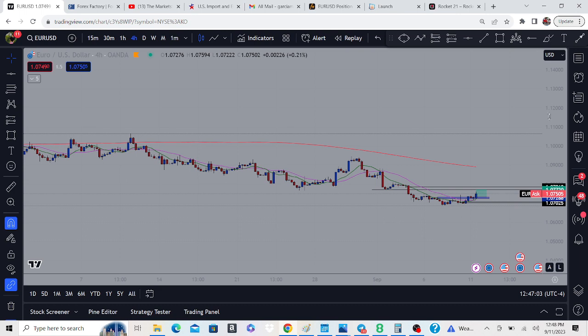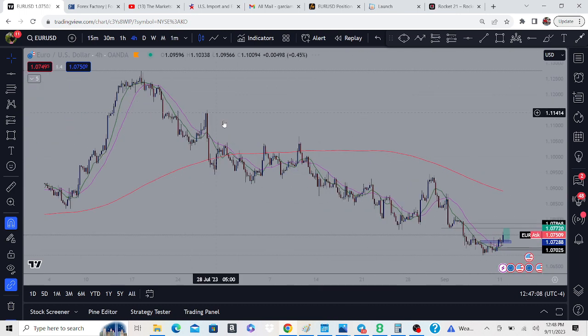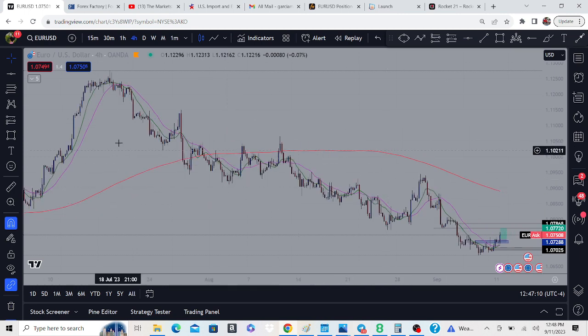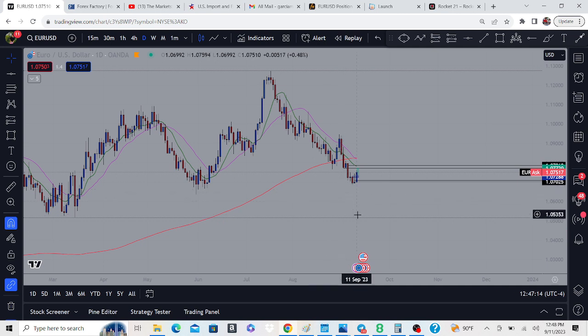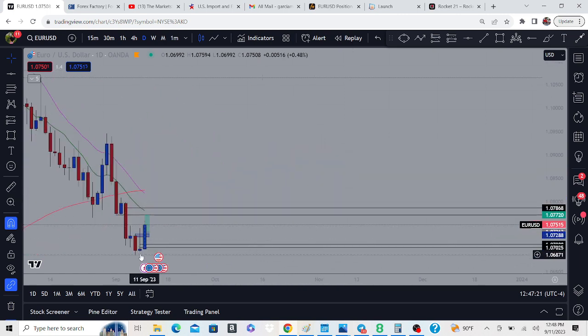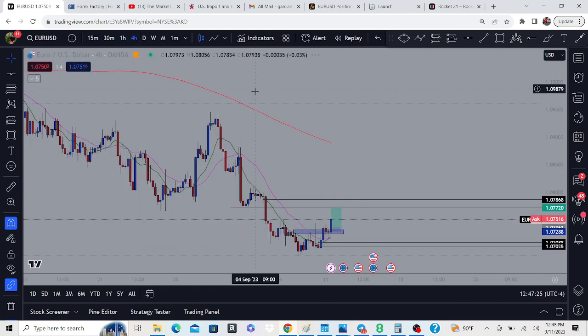So we go down to a 4-hour time frame and we can identify almost the same thing as GBP/USD. The momentum is initially to the downside. On the daily, we can see that price tried to go down, but then bulls closed. But the overall momentum is to the downside, so it's quite risky.